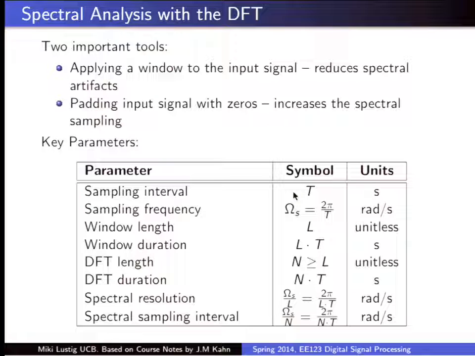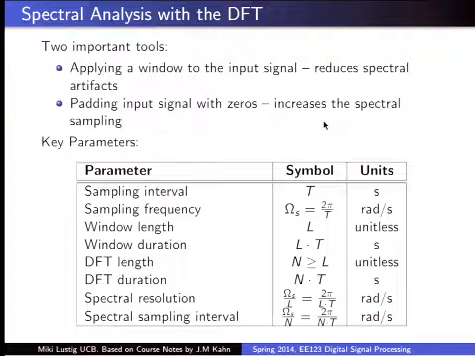Why don't you just take a bigger window? Right? Well, there's going to be a reason for this. The reason is that we're going to get better sampling of the DTFT by doing this. Okay. Again, DFT duration. Now, what's important is the spectral resolution, my ability to resolve frequencies. Okay, what is my resolution in the spectral domain? And that's going to depend on how long the window is.